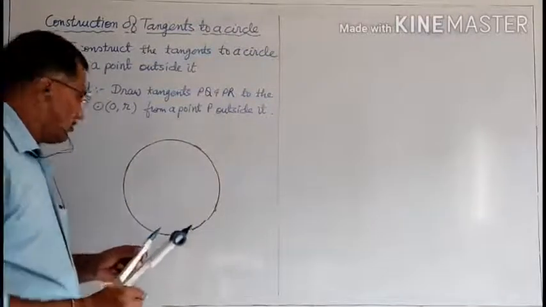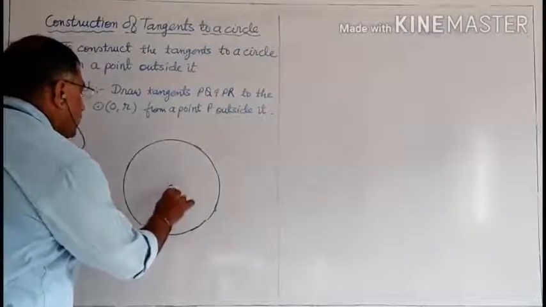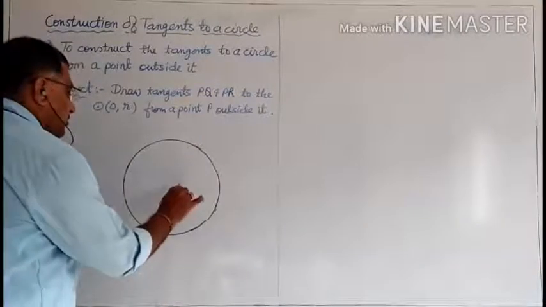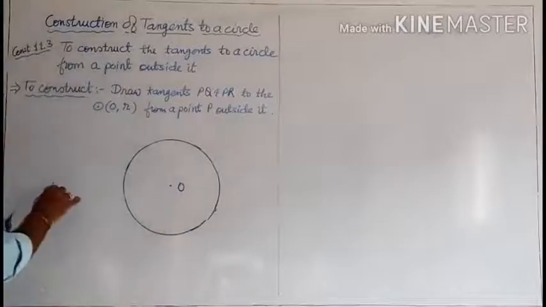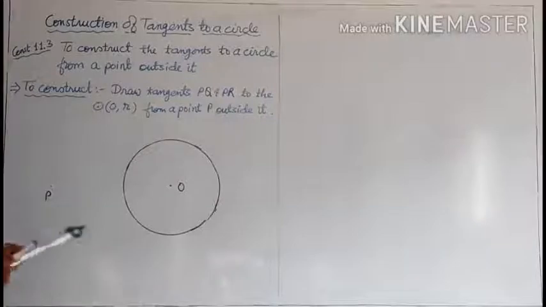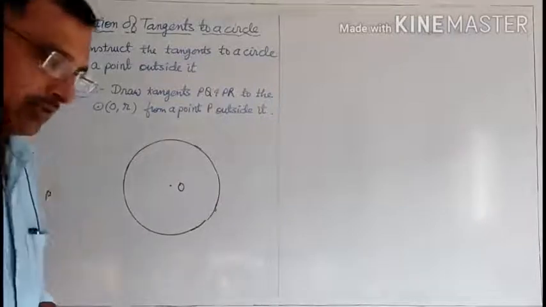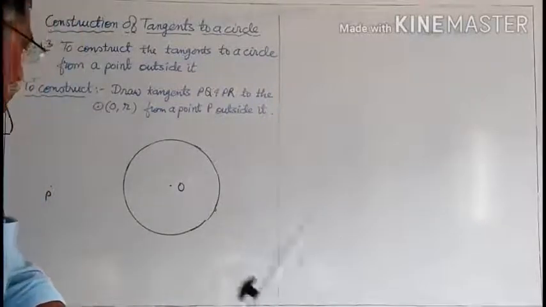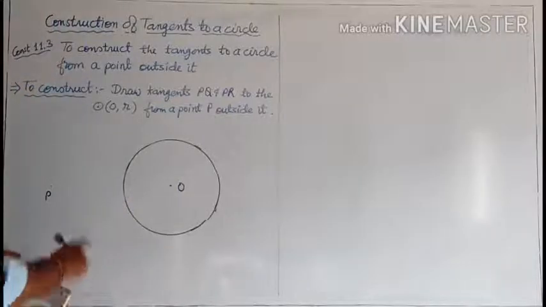Now here the circle with center O is drawn, and there is a point P outside the circle. This is the given condition. We have to draw tangents to this circle from the point P.